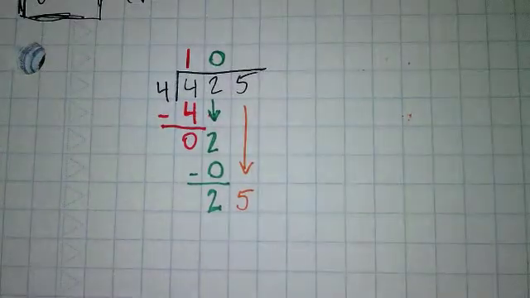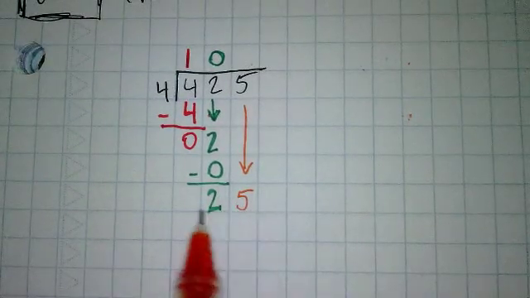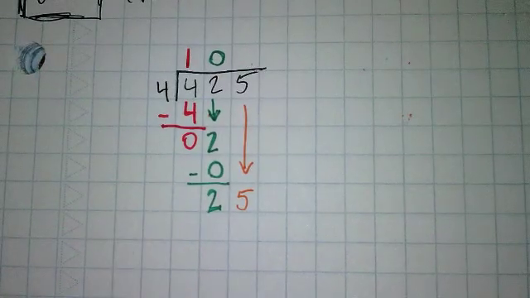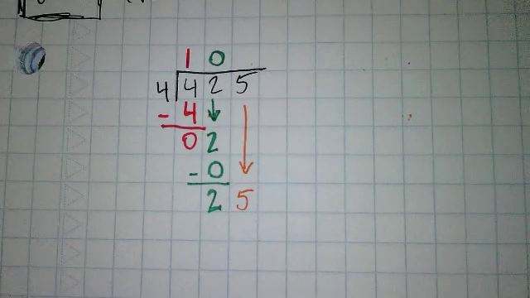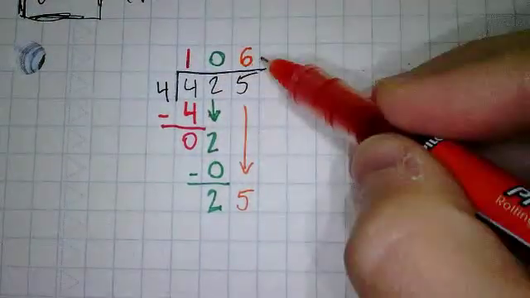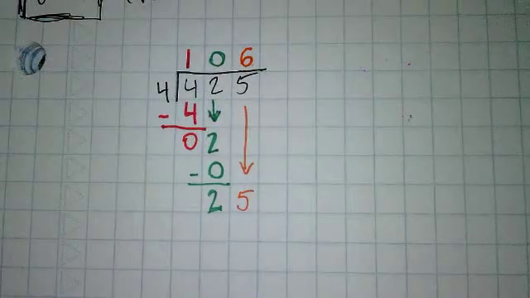And let's finish the problem and explain, okay? So right now we have a new number. What number is this right here? 25. So how many times does 4 go into 25 without going over? Henry? 6. 6 times. So we're going to write a 6 up here. And then we multiply. Henry, what is 6 times 4? 24.